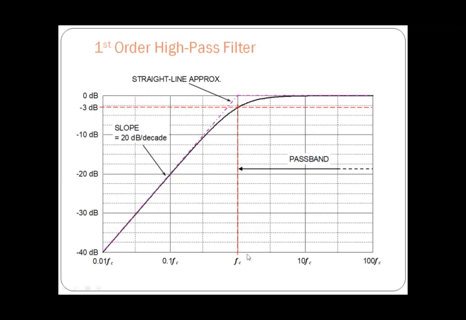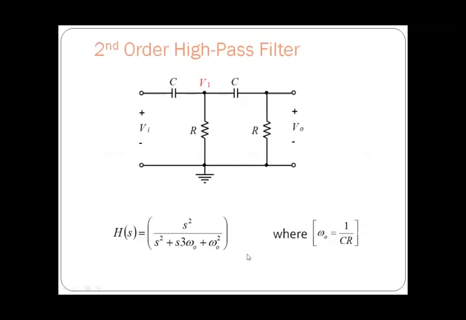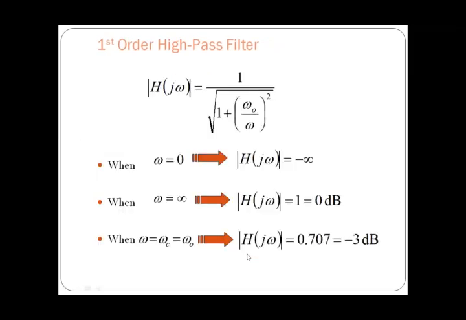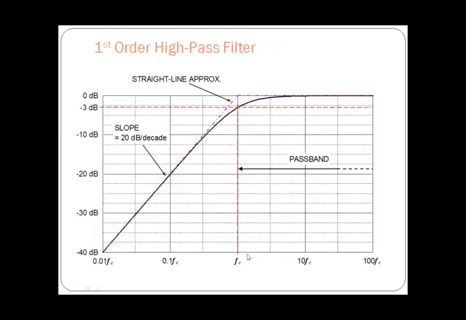This is the cutoff frequency, and it is decided by the RC network. This is the response of a first order high pass filter, in which the attenuation is around 20 dB per decade, and the gain is at 0 dB.